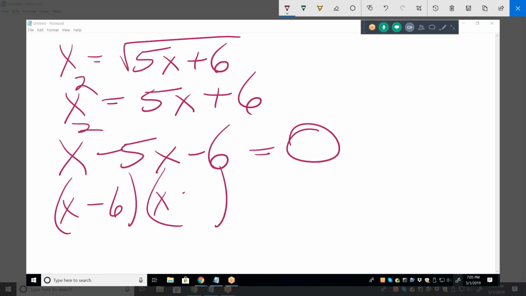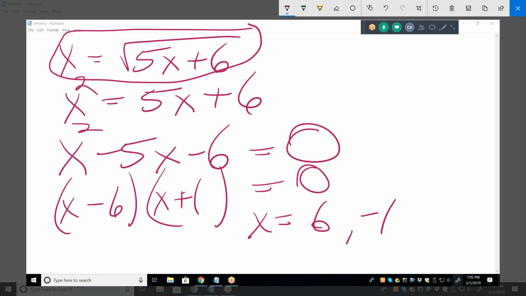Good. Which makes your solutions 6, negative 1. And usually if you just have one radical sign, then both of them are going to work. And they do here. In other words, square root of 36 is 6, and the square root of 1.